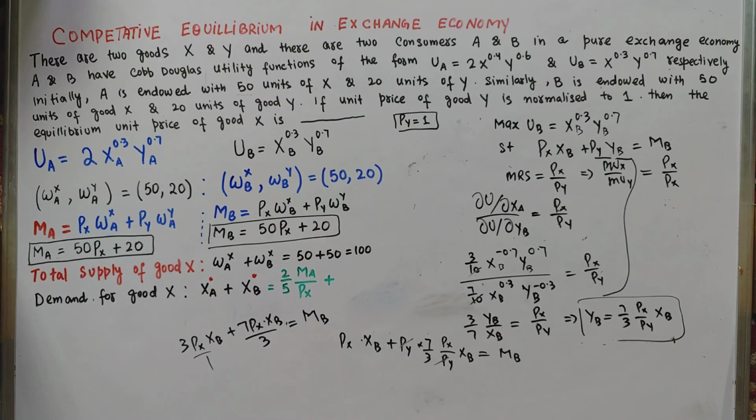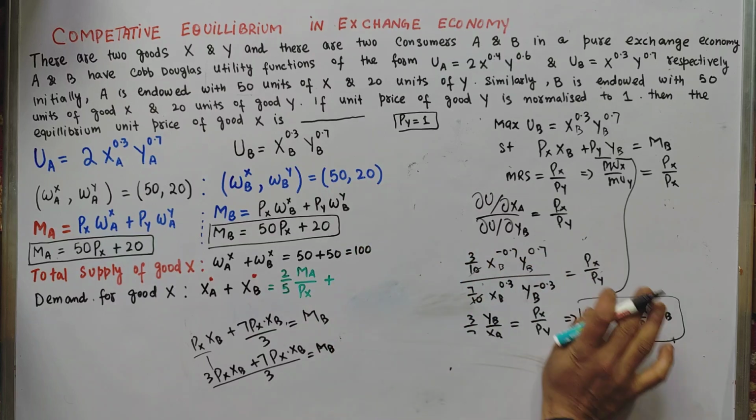Doing cross multiplication here, so it becomes 3 Px into Xb plus 7 Px into Xb divided by 3 is equal to Mb. Okay, and let me rub this now.